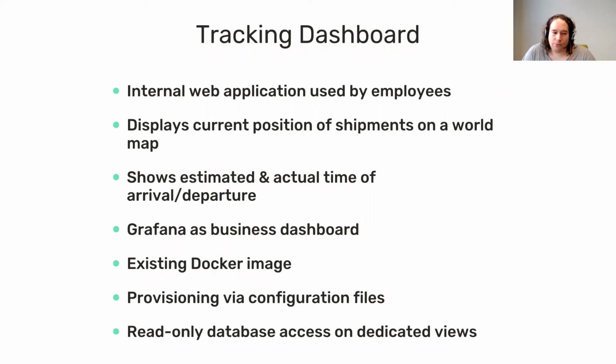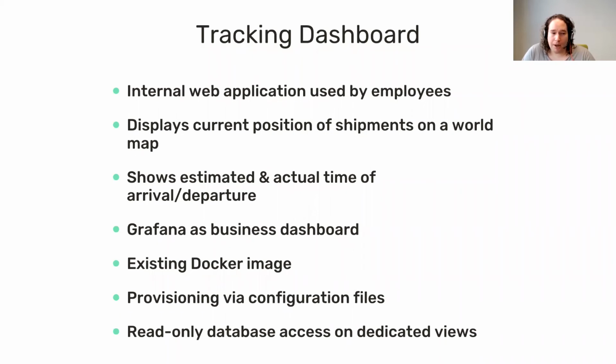This is a solution you might have encountered in operations, as a monitoring and alerting dashboard. But you can also build business dashboards with Grafana. And there's a Docker image for Grafana. So for this tracking dashboard, I don't want to write any code. I only want to configure Grafana.